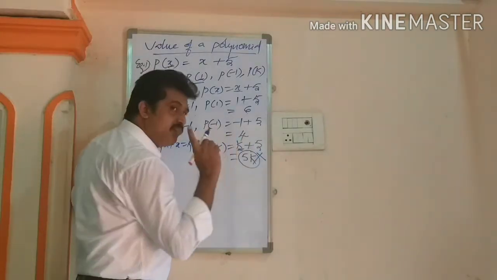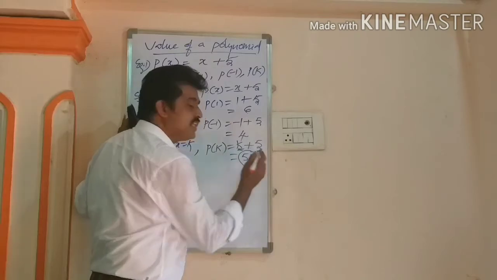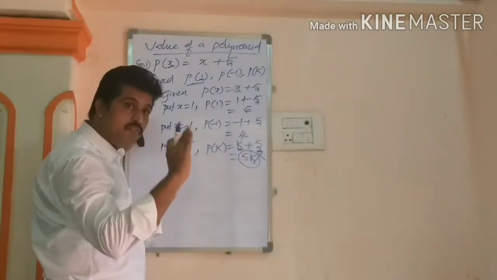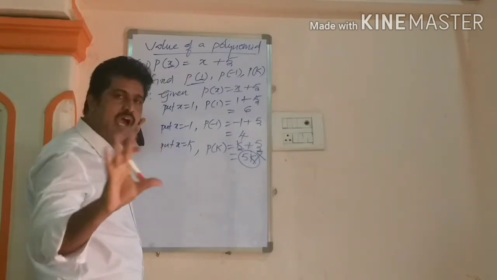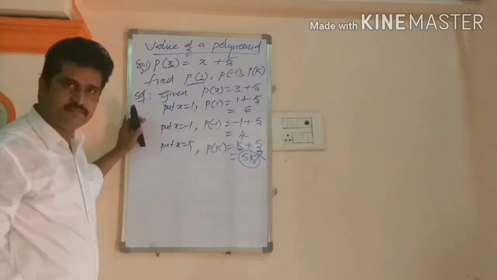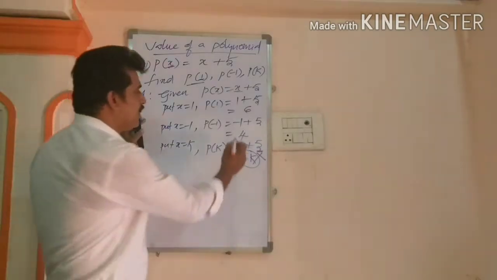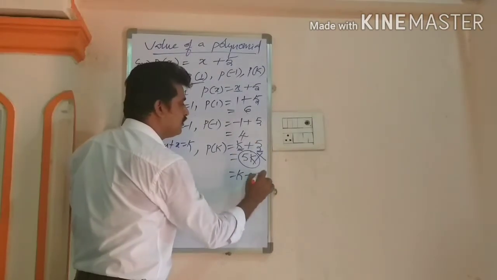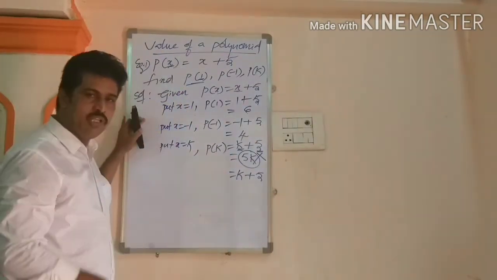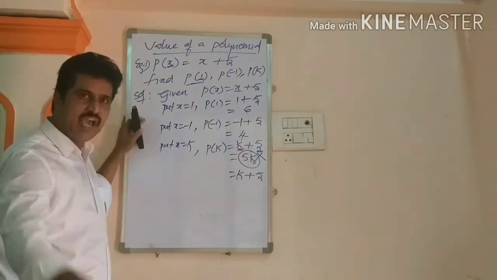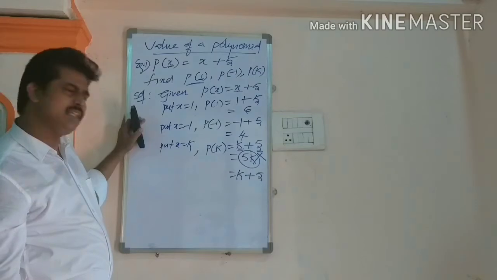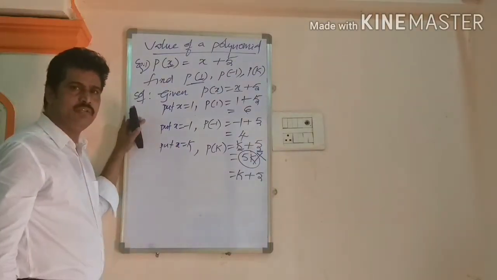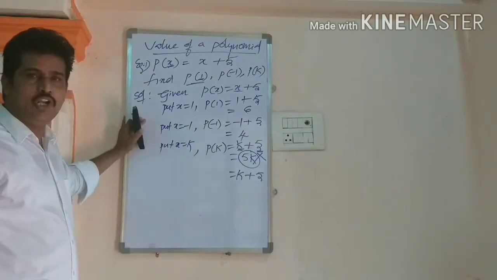See, k is a variable, 5 is a constant. A variable and a constant cannot be added or subtracted. So what to do? K plus 5 only, nothing else. You should not add. This is the value of a polynomial. Like that, any value you can give.